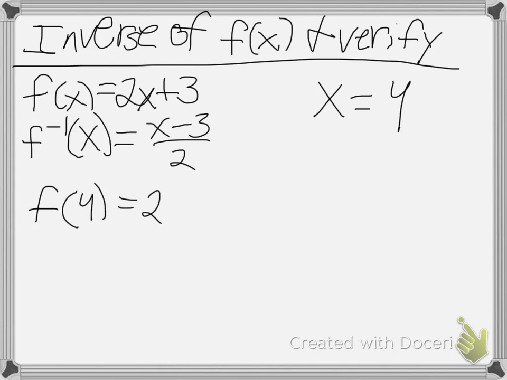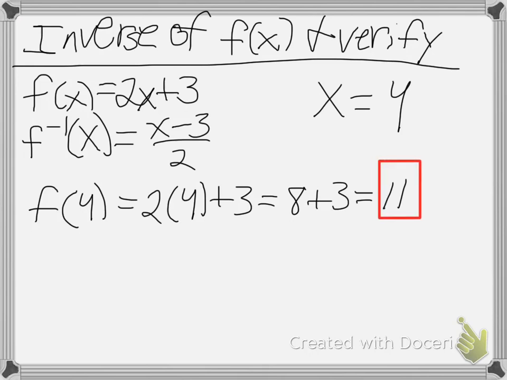So first what we're going to do is plug 4 into f of x. And we get 2 times 4 plus 3, which is going to give us 8 plus 3, which will give us 11. So now, taking this number here that we got for f of 4, I'm going to plug 11 into our inverse function.